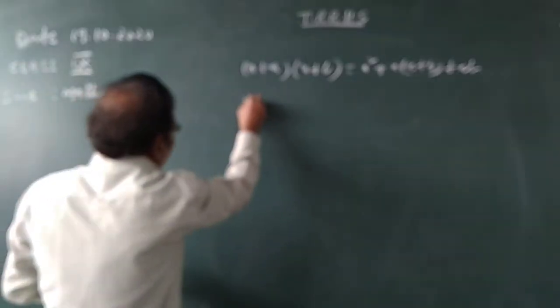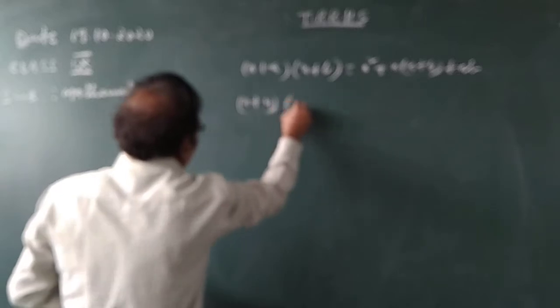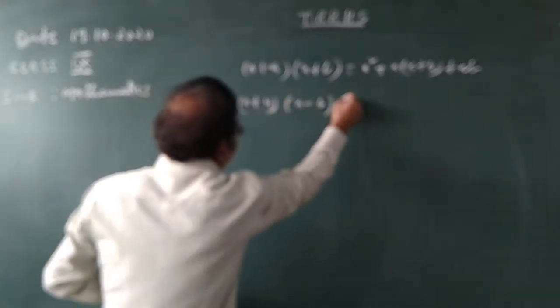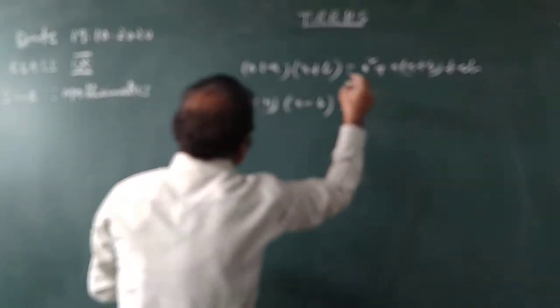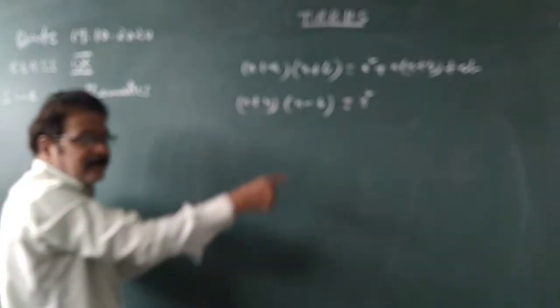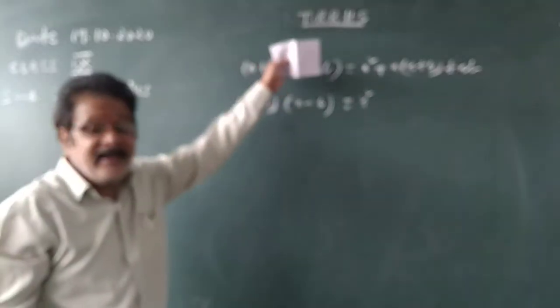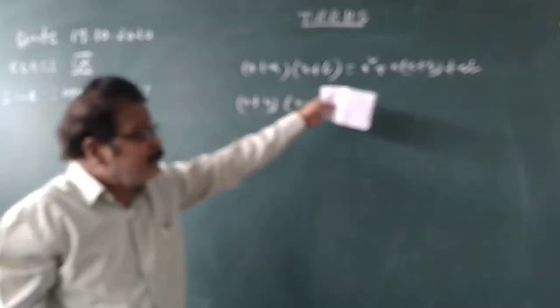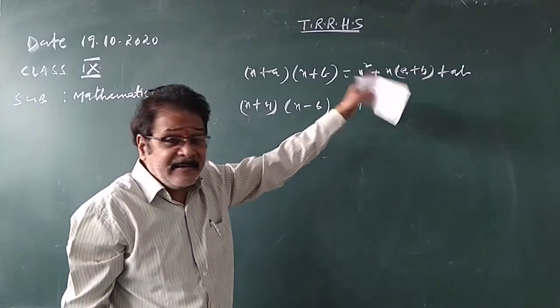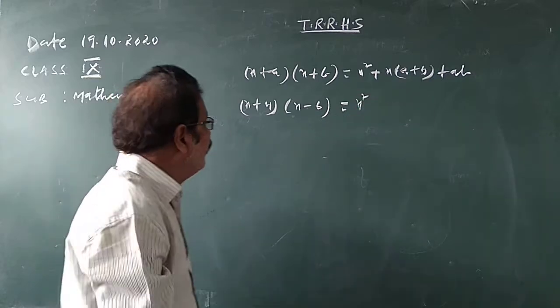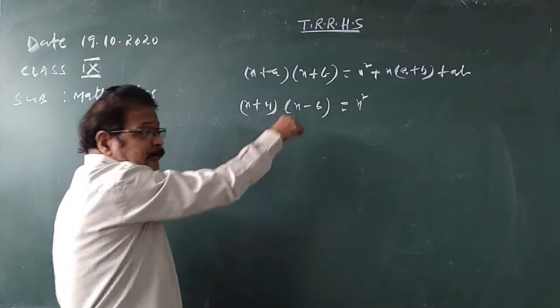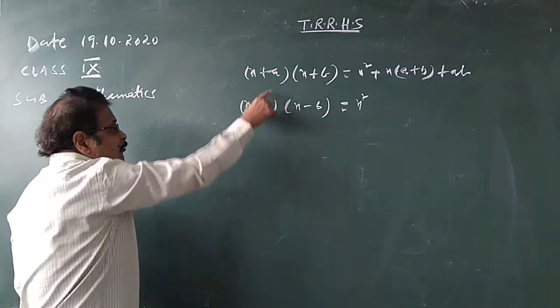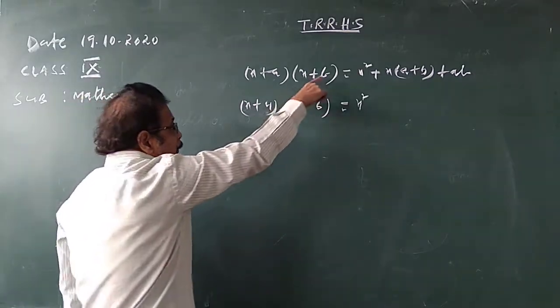For example, (x+4)(x−6). Here x coefficient is 1, so this is of the form (x+a)(x+b), and directly we can do it. The identity is (x+a)(x+b) = x² + x(a+b) + ab. Here a equals plus 4, b equals minus 6.